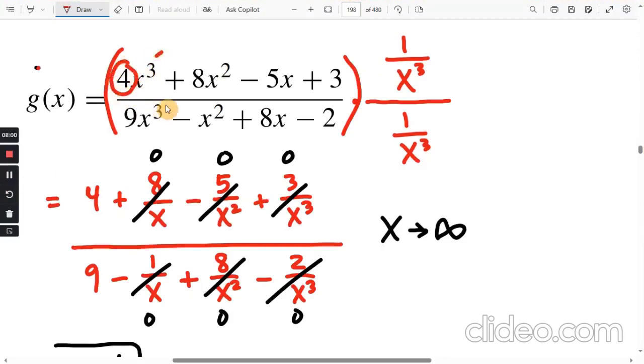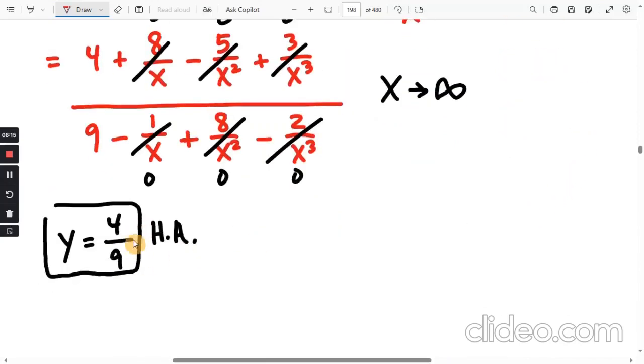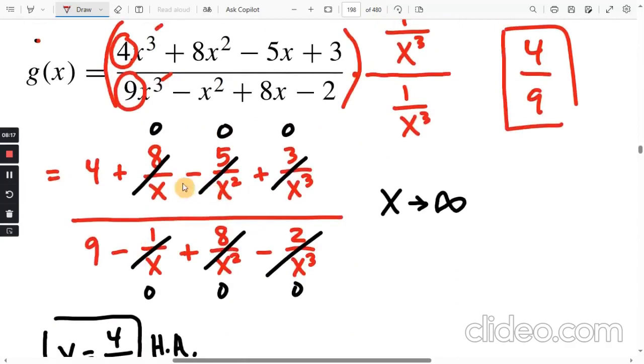The leading coefficient, greatest exponent is 3. The coefficient is 9. So it's just 4 over 9. You just take the coefficients when the leading exponents match. And is that what we got? Yes, it is. I was just showing you how it approaches 4 over 9 and why this works.